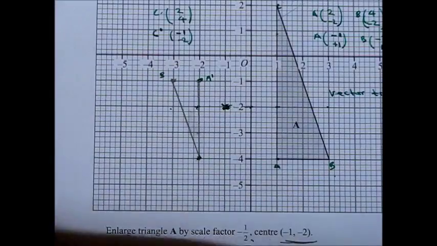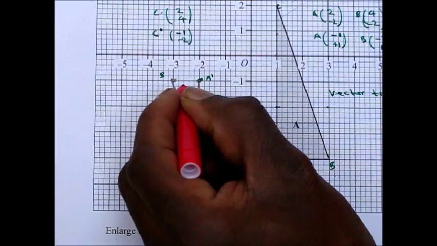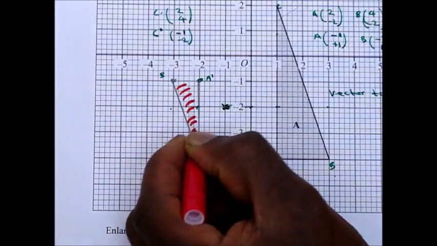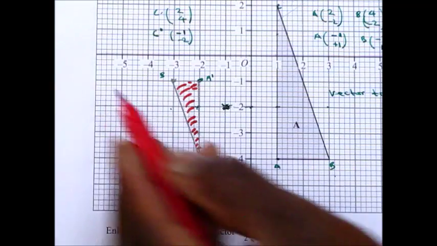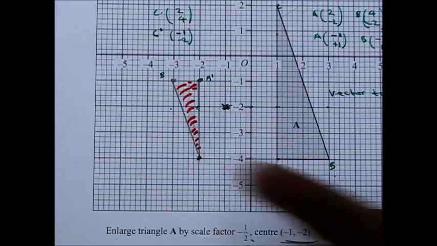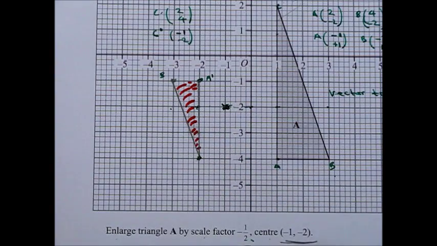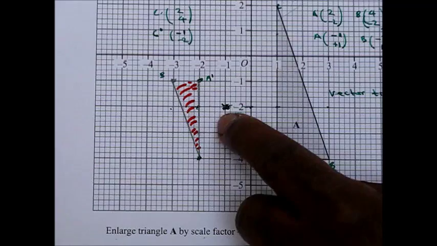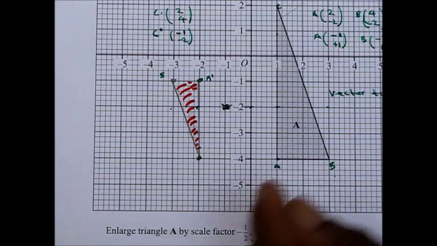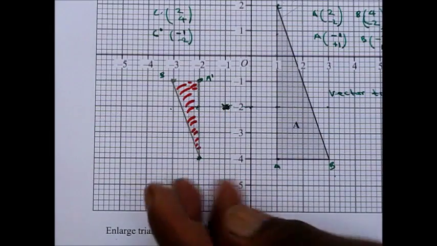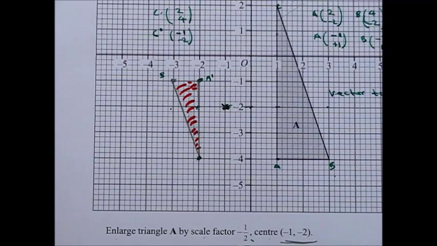Then if I was to shade that in so we can see that this here is an enlargement scale factor -1/2 about the point -1, -2. It's important to realise that the shape has been inverted and the sides are half the distance.